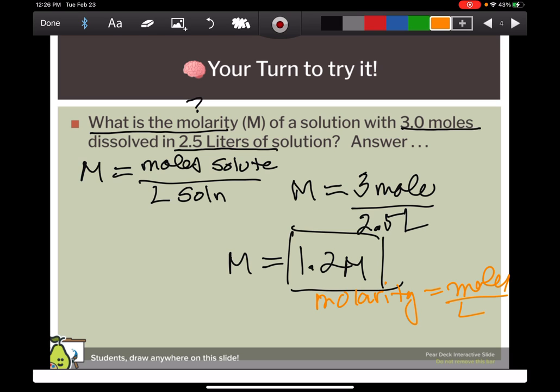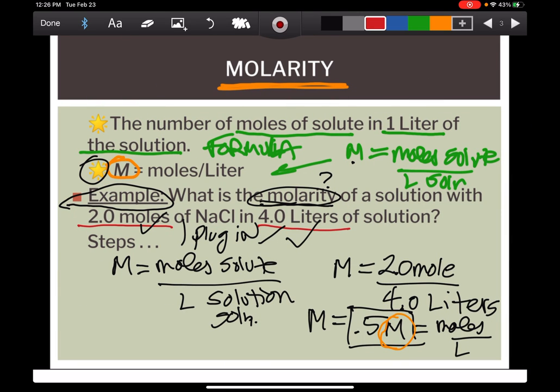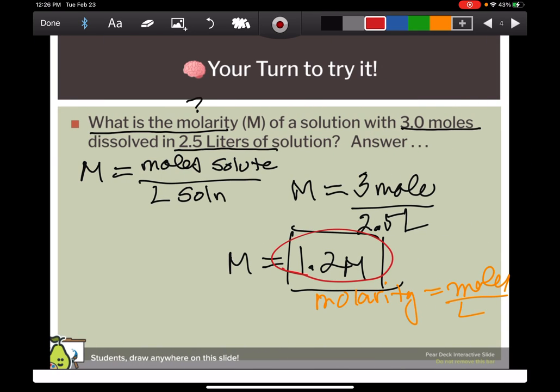So of the 2 I just did, the one before this and this one, which of these solutions would be stronger when I look at their answers? 0.5 and 1.2. If they were the same substance, the 1.2 is a stronger solution, more solute dissolved in it.